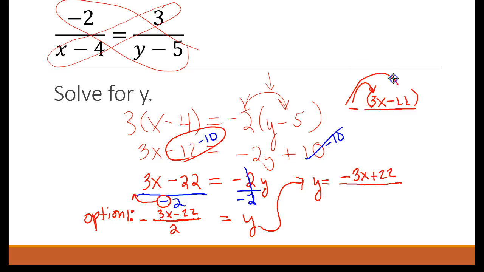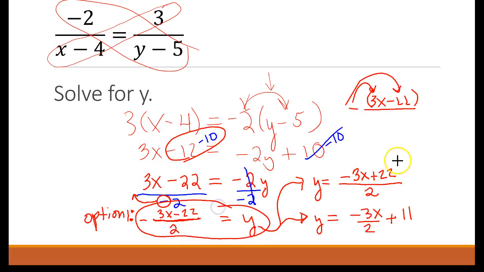And distribute like so over 2. So that's your option 2. Another option would be, if you wanted to split this up, y equals negative 3x over 2 plus 22 over 2, which is 11. So 3 different ways you could write the answer for this one.